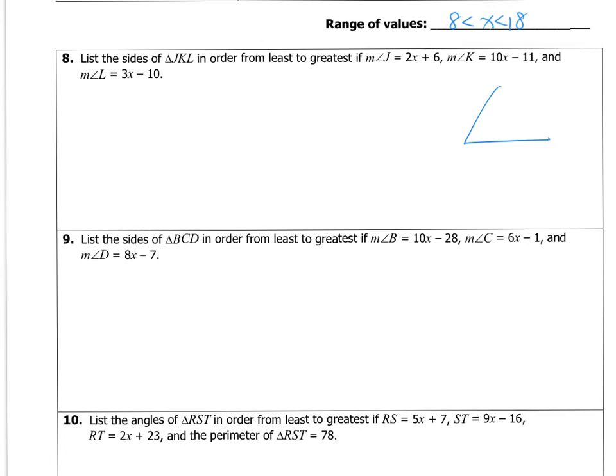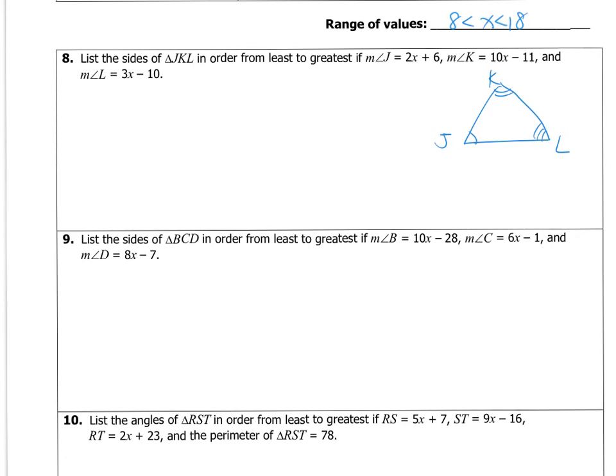So if I have a triangle JKL, I have to find out these three angle measures, right? And in order to know which side is the longest, all I know is that the largest angle faces the longest side.